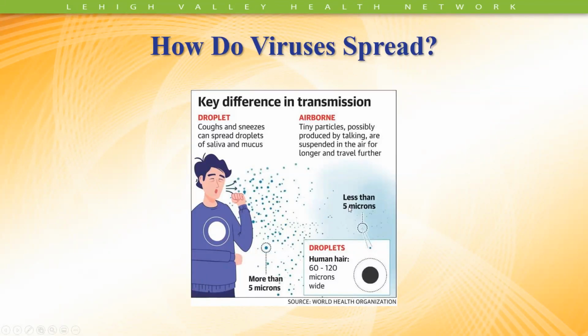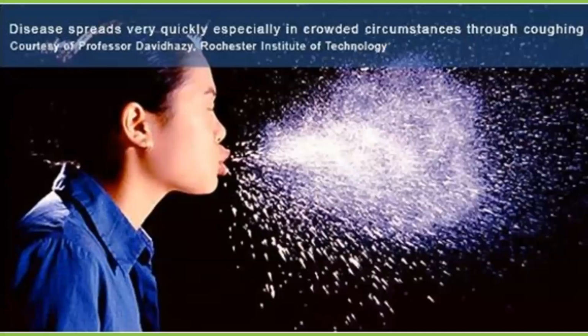They're smaller, so the chance of inhaling them is greater. So it's not that you can't spread disease by droplet. That's the typical influenza virus, but COVID being airborne makes it much more susceptible for transmission because those particles stay suspended in air and can be inhaled for longer periods of time, and they can also transmit a longer distance.